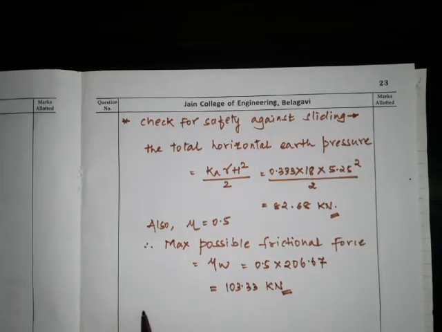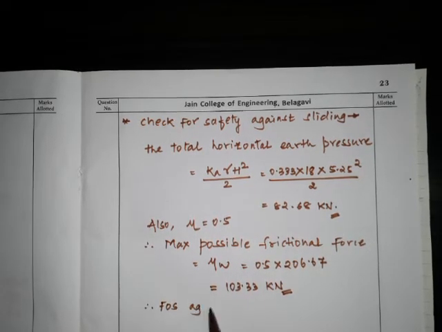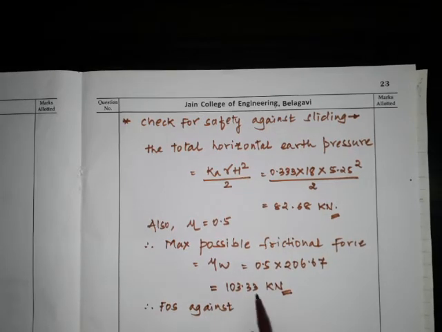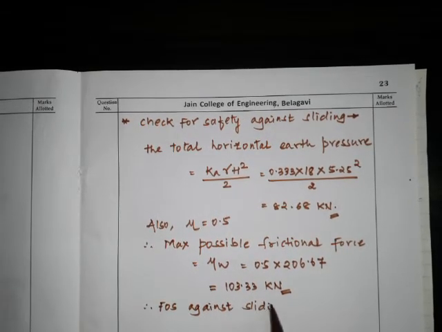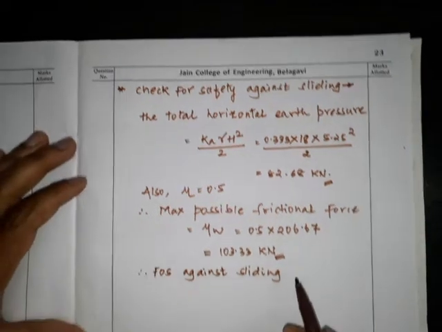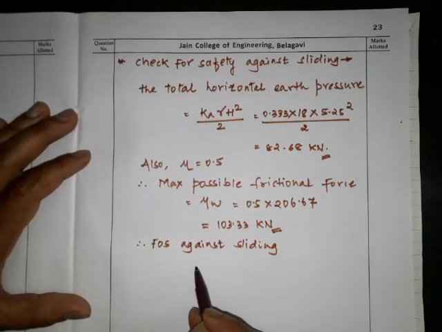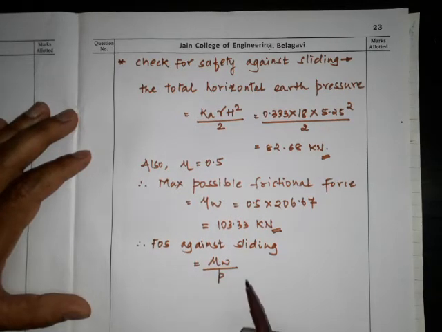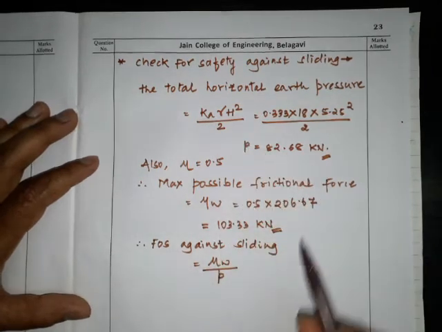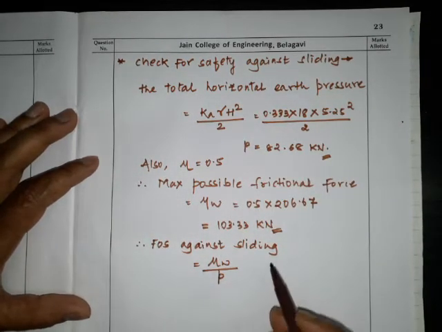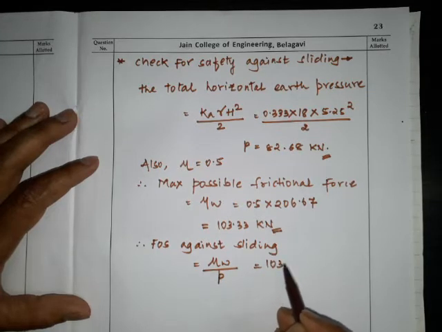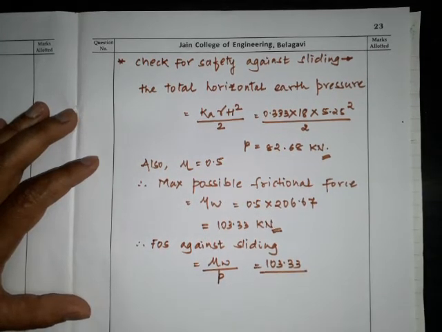So therefore you have to check the factor of safety against sliding. FOS against sliding is equal to mu into W divided by P. So this is P, I can say it is the pressure, and this is mu into W. So this is 103.33 divided by 82.68.